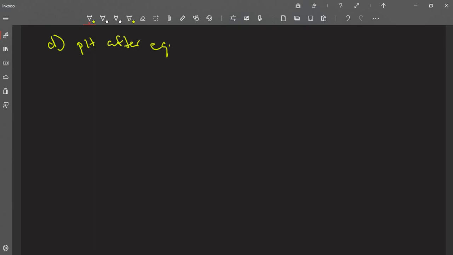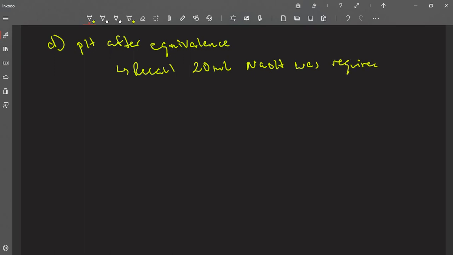pH after or beyond equivalence. Okay, remember, so recall 20 mL of NaOH was required to reach equivalence.